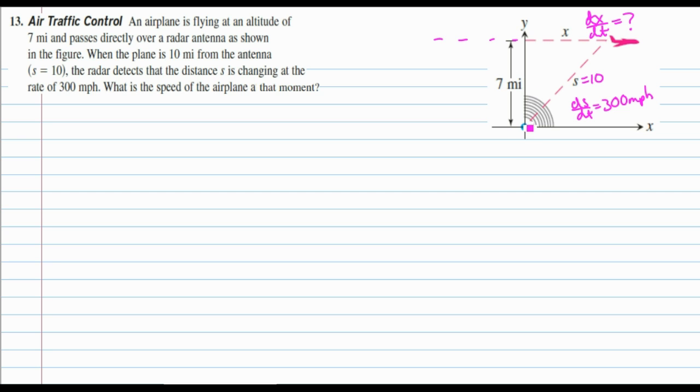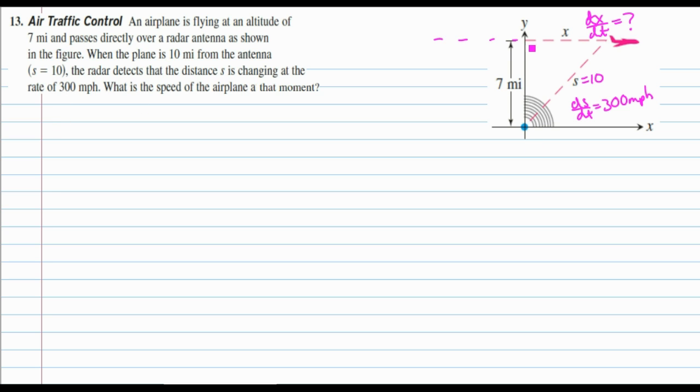I know three sides of a right triangle, so again I'm dealing with the Pythagorean theorem. But the difference between this problem and the example is that the height is staying the same. So in my Pythagorean theorem, I'm going to keep that in consideration.